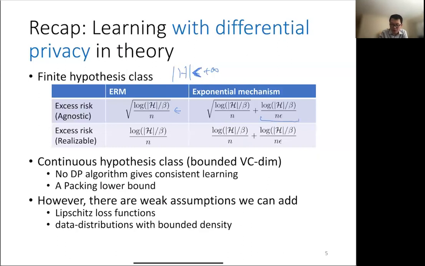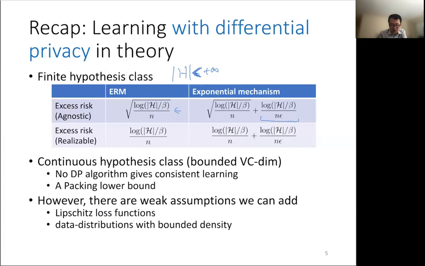As we can see, especially when epsilon is a small constant, this goes to 0 at a 1/n rate, whereas the non-private learning has an excess risk that goes to 0 at a 1/√n rate. So at least for a large data set, the additional cost required for differential privacy goes to zero faster than you are able to learn even without privacy constraints, which is a very satisfying observation.